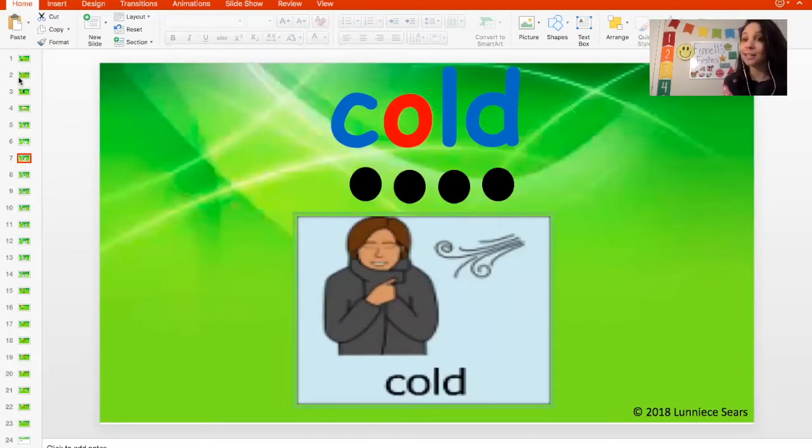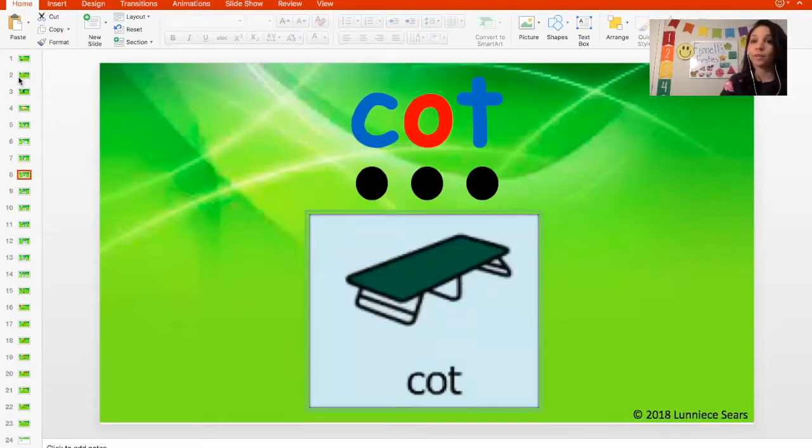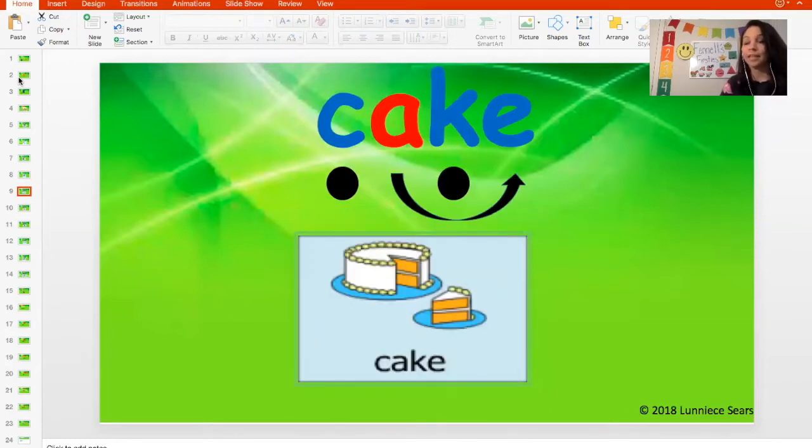I know that's a k, k sound because it's followed by an O. Again, this one is followed by an O, so I know it's going to make that hard C sound. K, k, k, caught. Here we have a C that's followed by an A. K, ache, cake.